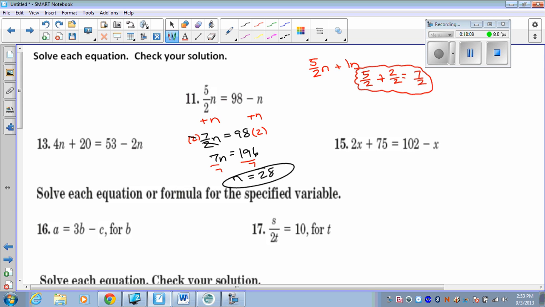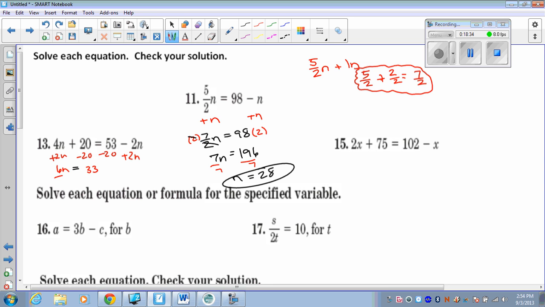This one's a lot easier. Get your n's together by adding 2n to both sides. That gives you 6n. You're also going to subtract 20 from both sides. That gives you 33. Oh, is that right? 6n minus 20. Yep, they're making it mean on you.